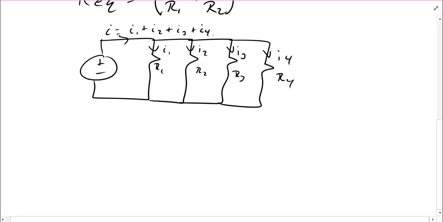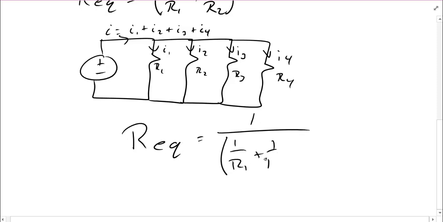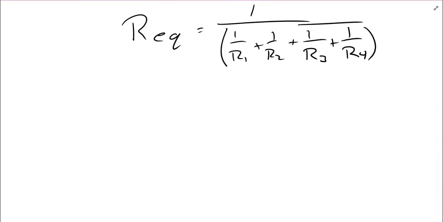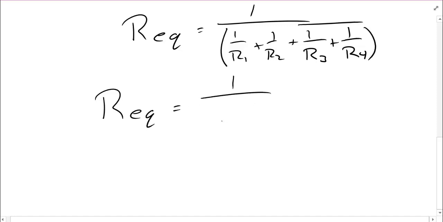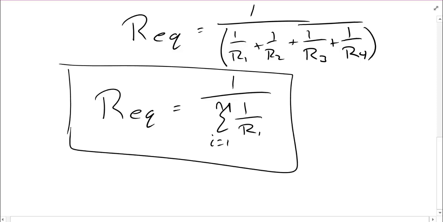So if we do the exact same analysis as above, what we're going to find is that R equivalent is equal to 1 over R1 plus 1 over R2 plus 1 over R3 plus 1 over R4. In general, if I really do have n resistors, R equivalent is 1 over the sum from i equals 1 to n of 1 over Ri. This is our most general formula.